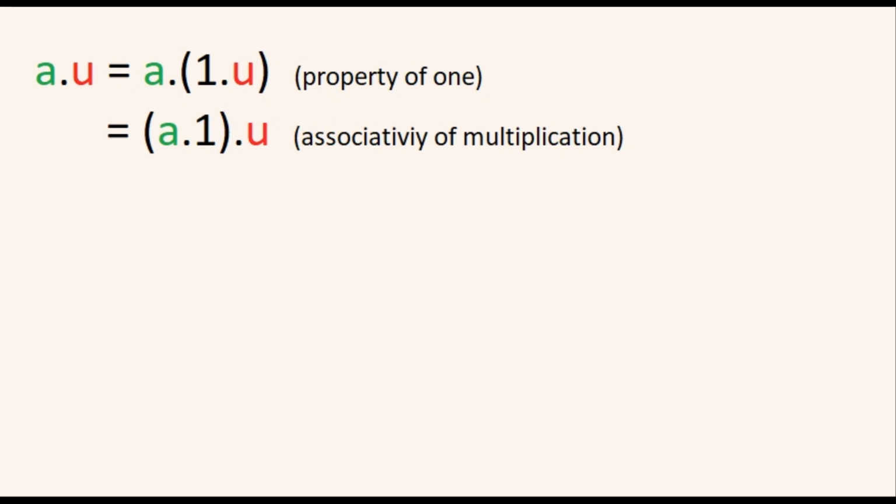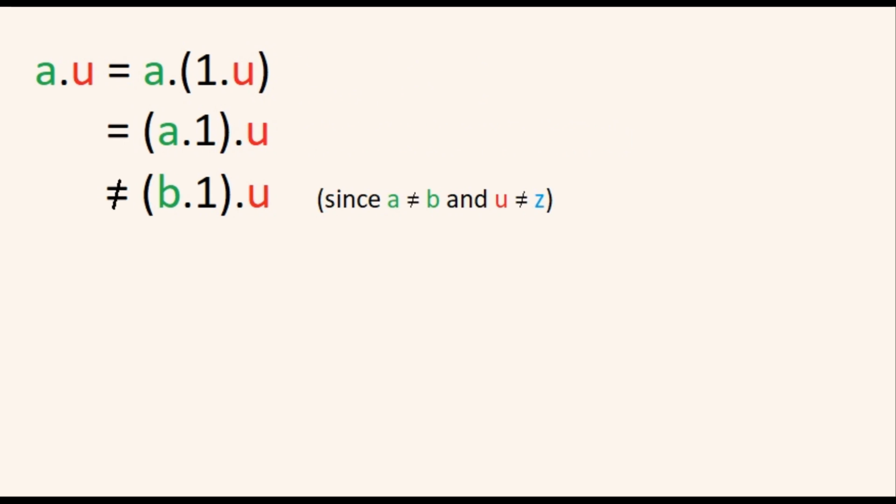So starting with a times u, we expand it out to the following expression, which isolates the expression a times 1 from u. We can then apply the inequality by substituting b for a, but it must be noted that this inequality can only work if u isn't 0. This is a sort of radical step, but a and b have been isolated from the expression u so that this step can work.